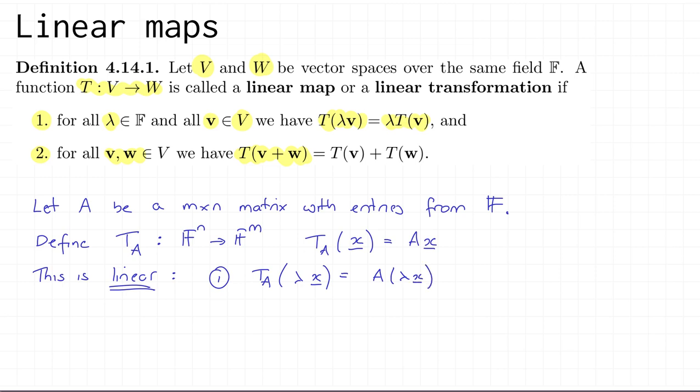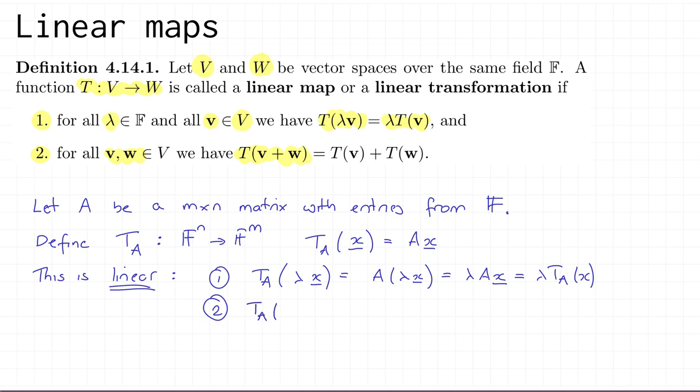But one of the matrix rules we learned right at the start of the previous chapter was that this is the same as lambda times A of x, and of course that is lambda times T_A of x. Since this argument is true for any vector x and any scalar lambda, that shows that this map T_A obeys property 1.